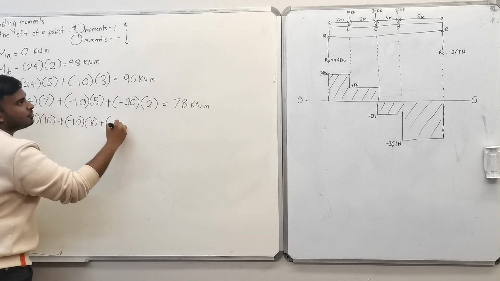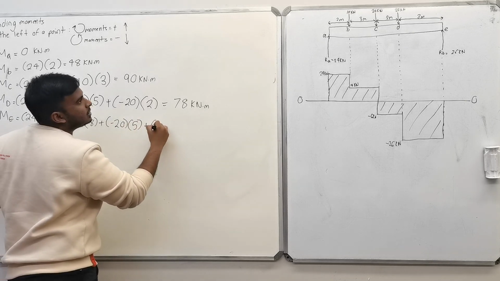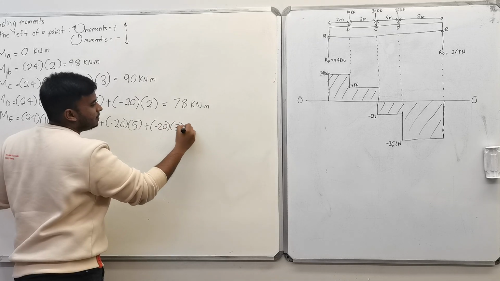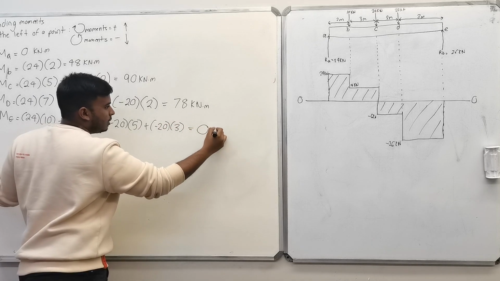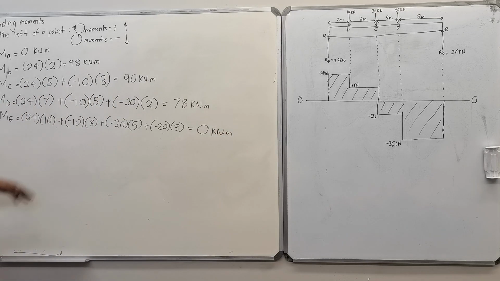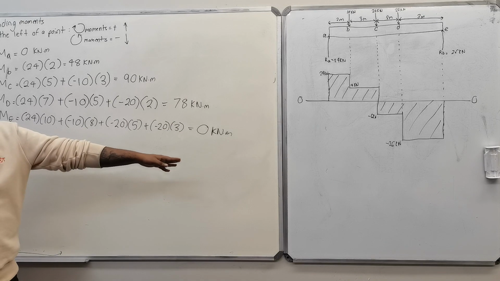Plus negative 20, how far away is that from E? 5. Plus negative 20, how far away is that from E? 3. This here would equal to 0 kilonewton meters. When you work it out, you'll see that. There's 240 minus 80, 160, minus 100, which is 60, minus 60, which is 0.